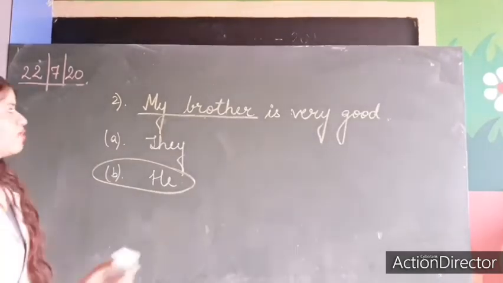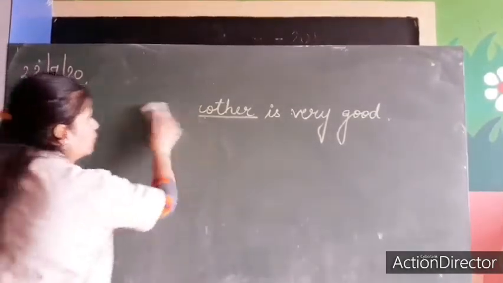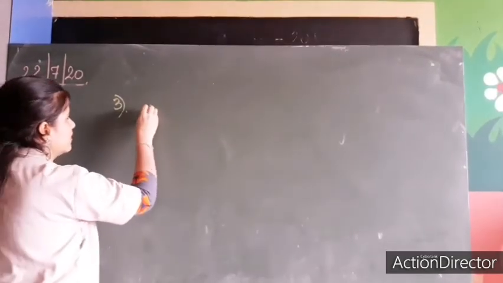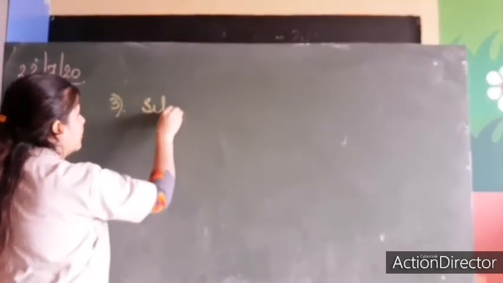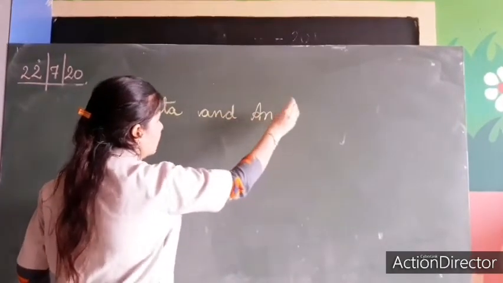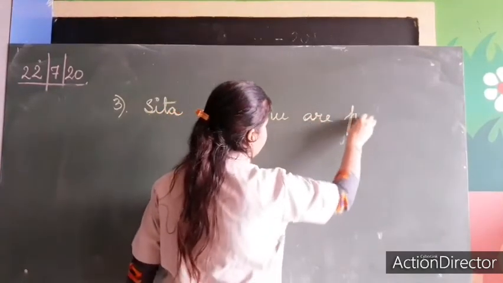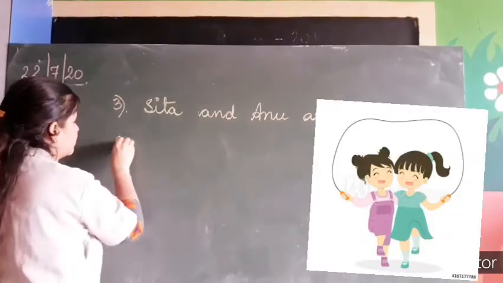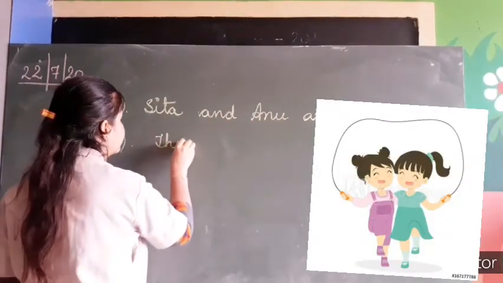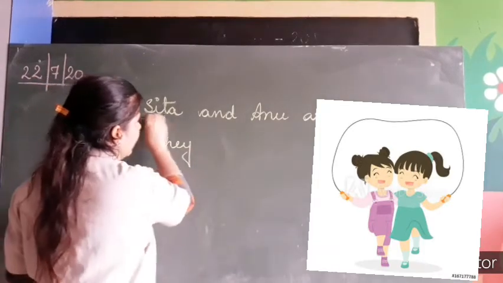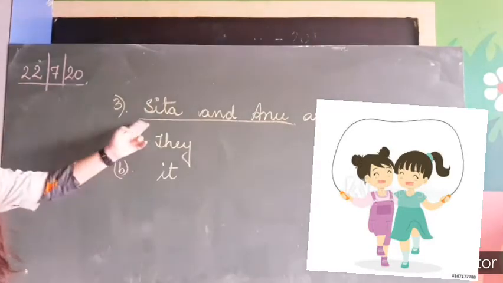Got it? Now see the example of plural nouns, that is Sita and Anu are playing. So I have an option they or it, and the naming words are Sita and Anu.